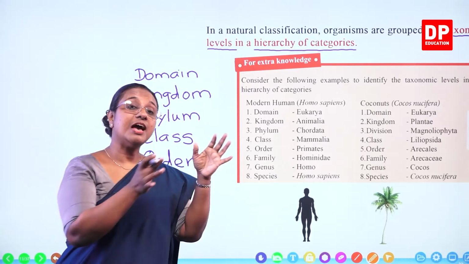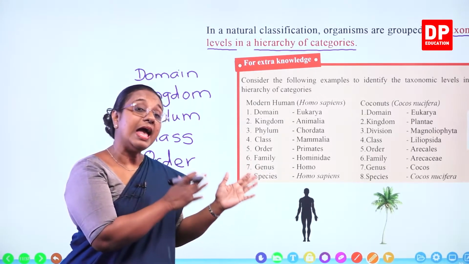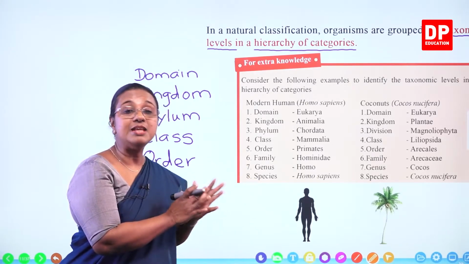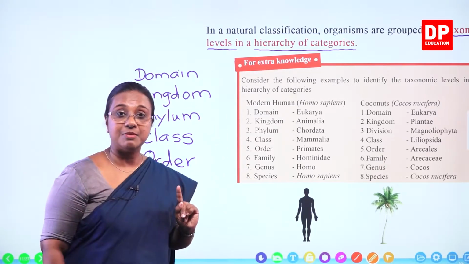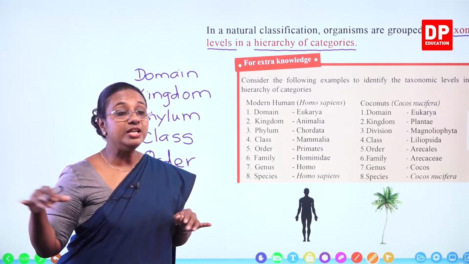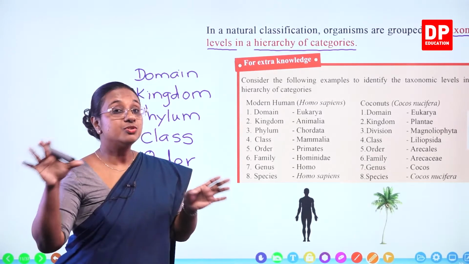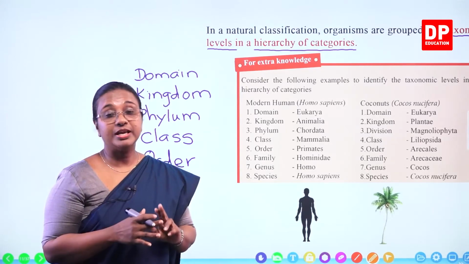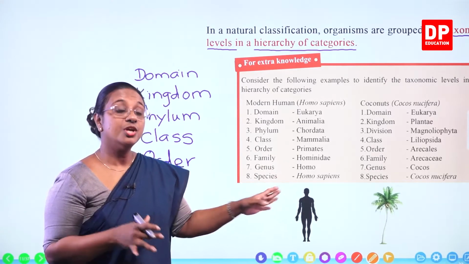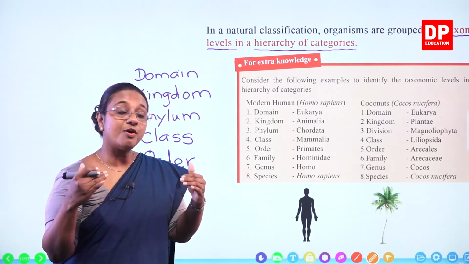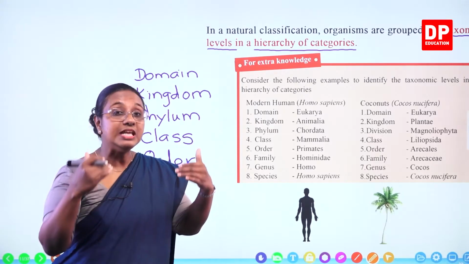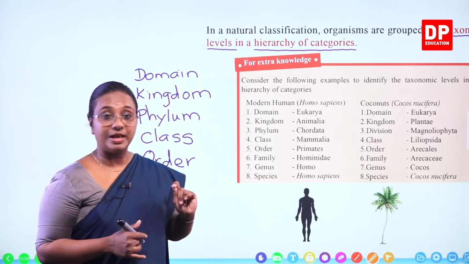Under that we have the kingdom Animalia. So there you know the animals go into kingdom Animalia, whereas plants go into kingdom Plantae. So two different groups. There are two more kingdoms as well. We'll discuss those. So there you can see the number of organisms in each kingdom decreases compared to the domain.